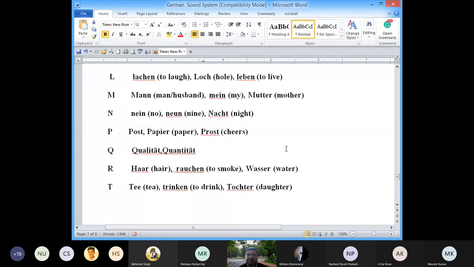So some of the words you will speak in the beginning the English way because you have English pronunciation in your mind. So you have to practice a lot. Only by practice can you improve and pronounce correctly the German way. So keep on practicing and don't miss classes.